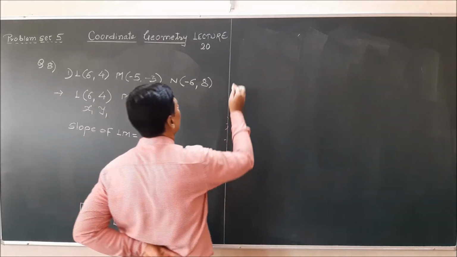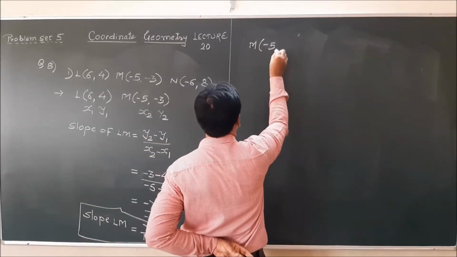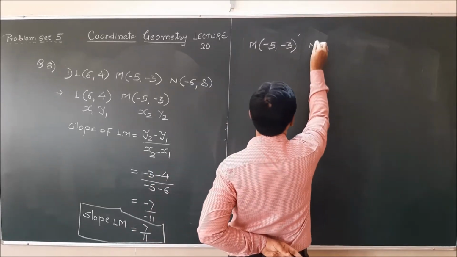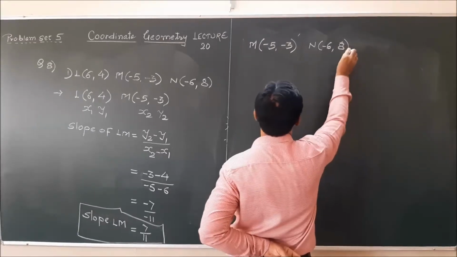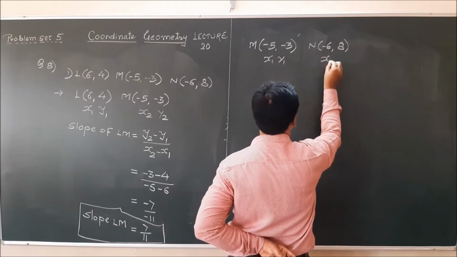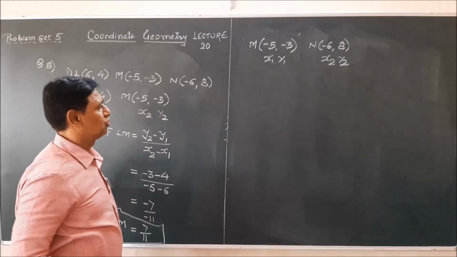So the coordinates of M are minus 5 comma minus 3, while the coordinates of N are minus 6 comma 8. Label them as x1, y1, x2, y2.